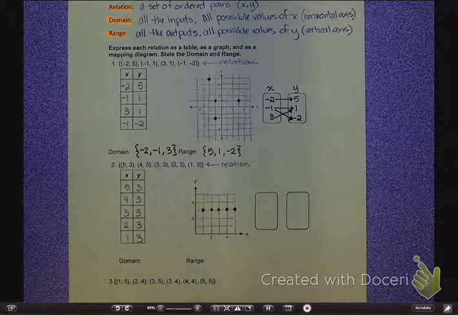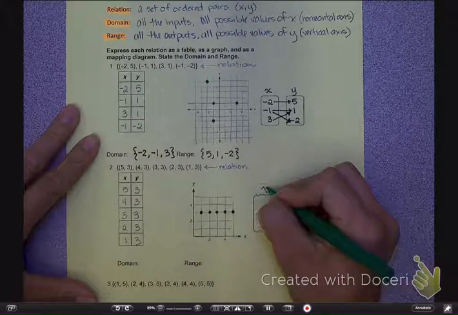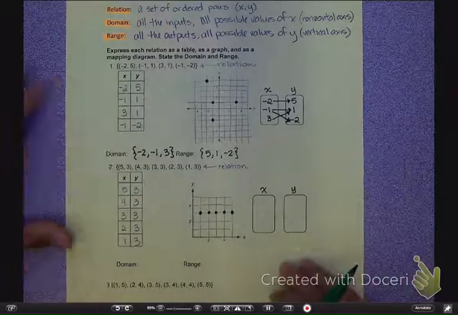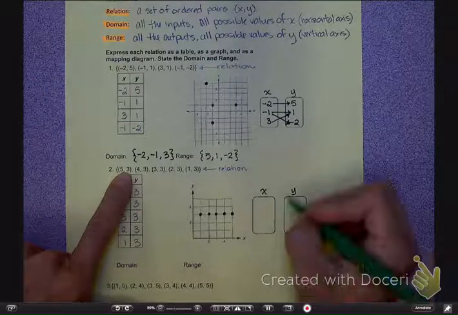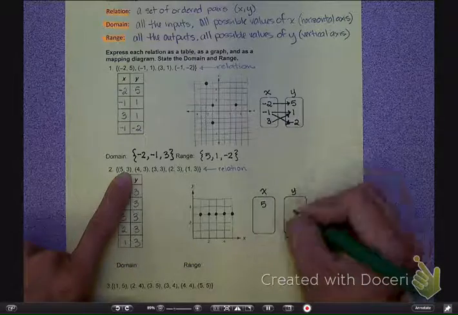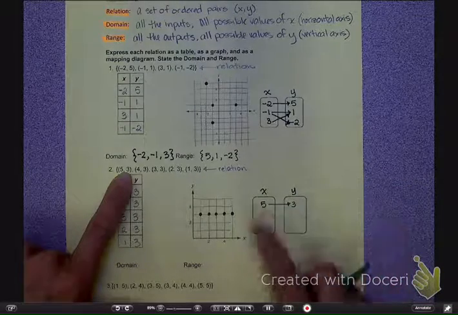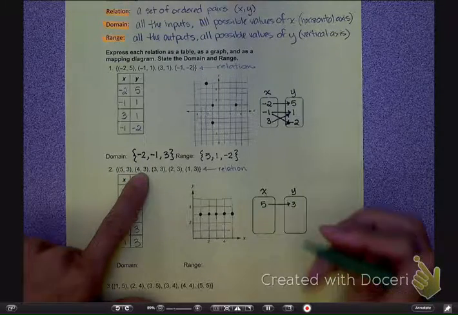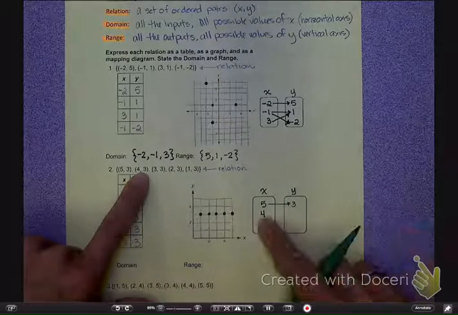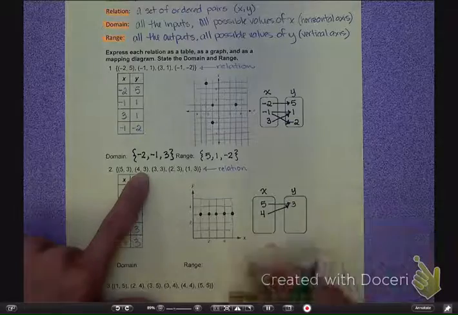All right, next I'm going to go ahead and put them into a mapping. So here's for x, here's for y. Okay, let's go ahead and take a look at my first ordered pair, 5 and 3. Those go together. So I'm drawing an arrow from my input to my output. Next, 4 and 3. Now, I already have 3 here, so I'm just going to go ahead and draw an arrow again.